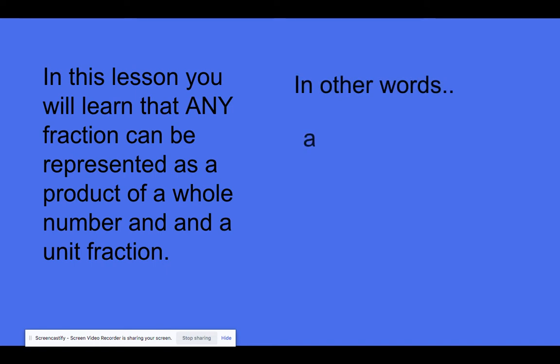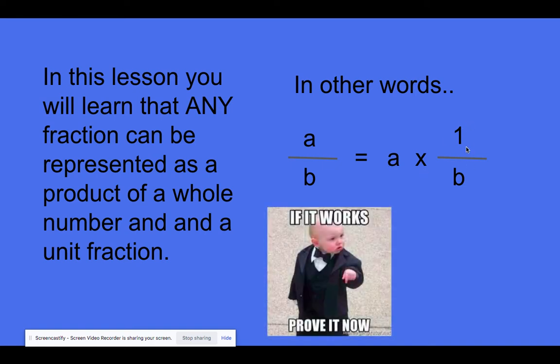In other words, any fraction A over B equals A, as a whole number, times a unit fraction, 1 over B. So again, let me repeat: any fraction A over B equals A times a unit fraction. If this works, prove it now. All right, so I will prove this now.